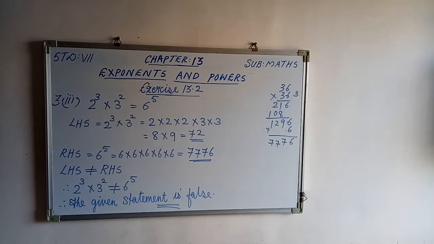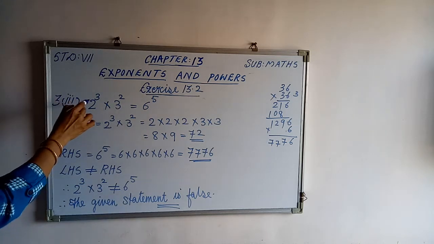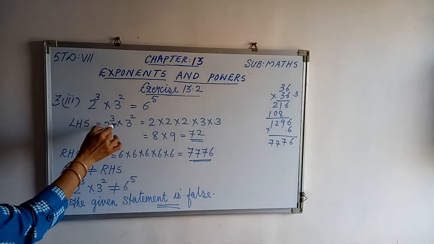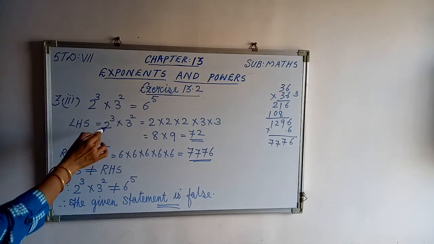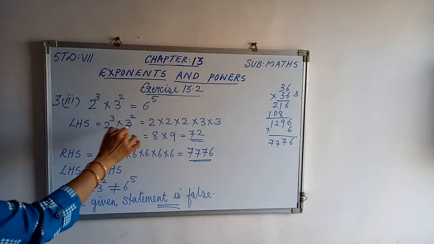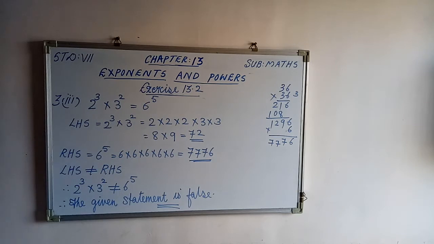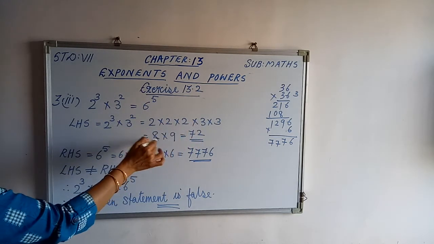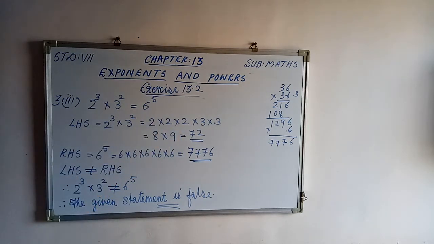Third one, 2 cube multiplied by 3 square is equal to 6 raised to 5. Check whether it is true or false. LHS: 2 cube multiplied by 3 square. 2 cube means 2 multiplied 3 times, 3 square means 3 multiplied 2 times. 2 into 2 into 2 we get 8, 3 into 3 is 9, 8 into 9 is 72.